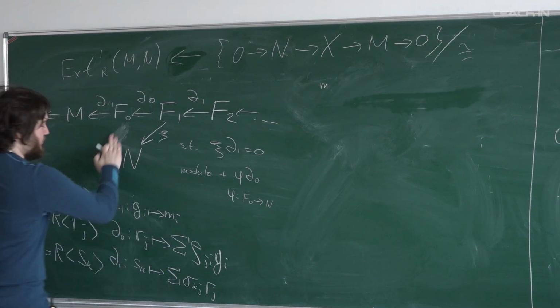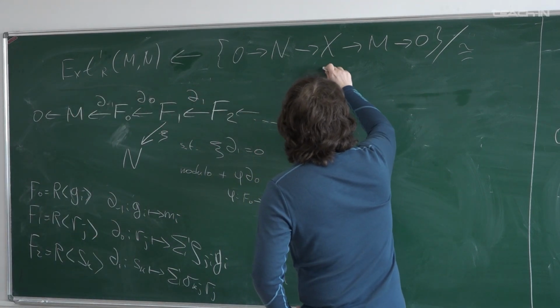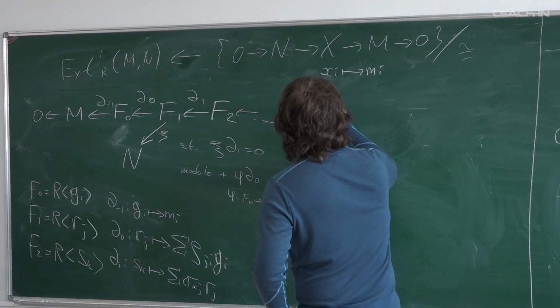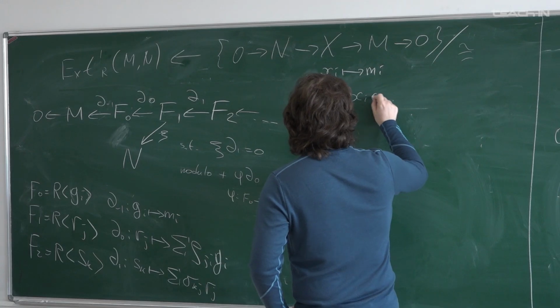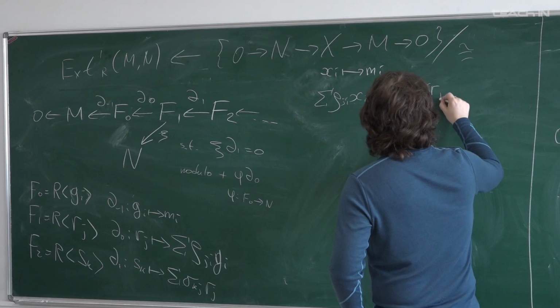It goes to some generators m_i. I consider some preimages x_i, and then this element in fact lies in N, and this is the image of r_j.